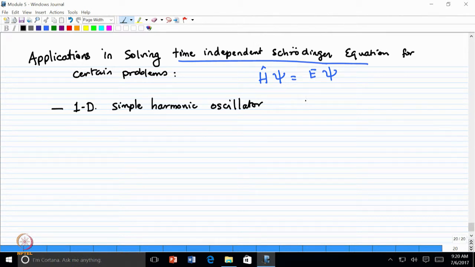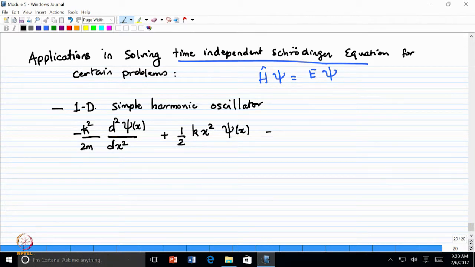I will just write the differential equation. It looks like minus h bar square by 2 m times d square psi of x by dx square, plus half k x square psi of x, is equal to E times psi of x.